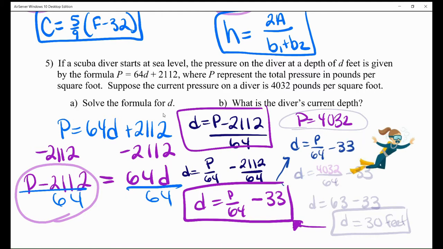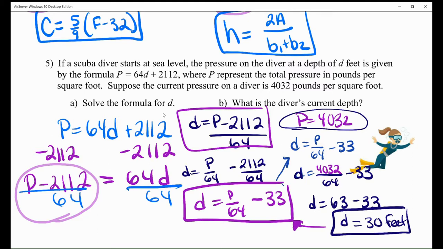Substitute the value for the pressure. 4,032 divided by 64 is equal to 63. And 63 minus 33 is 30. So the scuba diver, when the pressure is 4,032 pounds per square foot, is 30 feet below sea level.